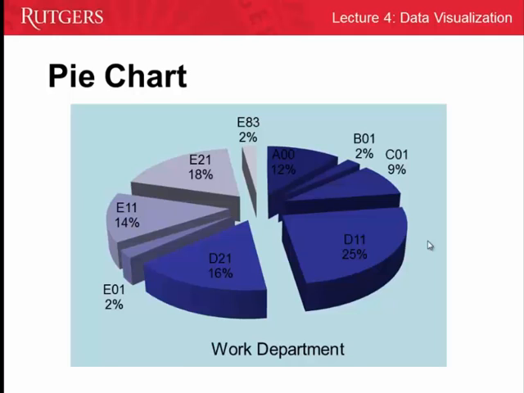A pie chart is a circle divided into sections with areas proportional to the frequencies or the relative frequencies of the categories of a variable. You can see that this is a pie chart showing the relative frequencies of the work department variable.